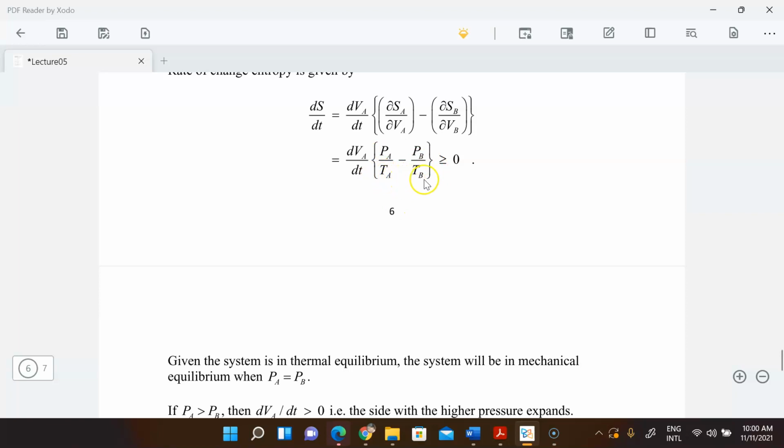So in other words, TA equals TB. So the only way that this can be equal to 0, or S is constant, is to make PA equal to PB.